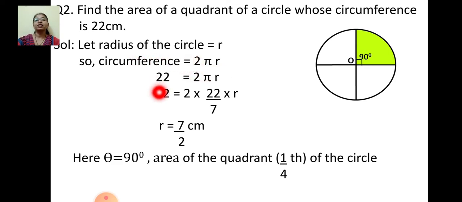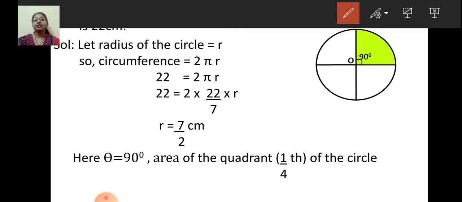So 22 is equal to 2 pi r. Substitute the value of pi here. Now you can cancel this 22 from both the sides. Now the remaining term you shift to the left hand side. So r is equal to this 7 will go up and this 2 will come down. So r is equal to 7 upon 2. Keep it as it is.